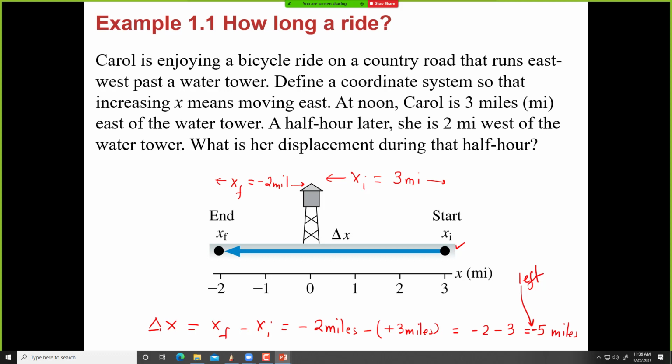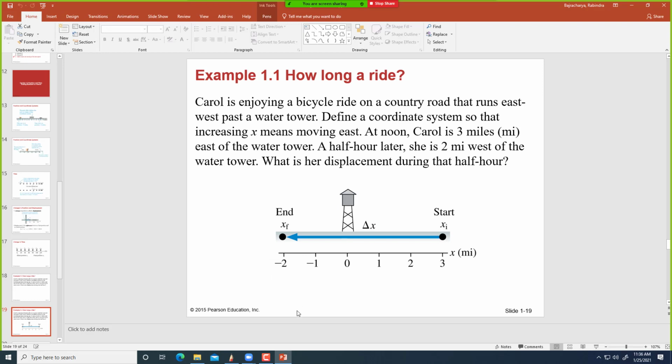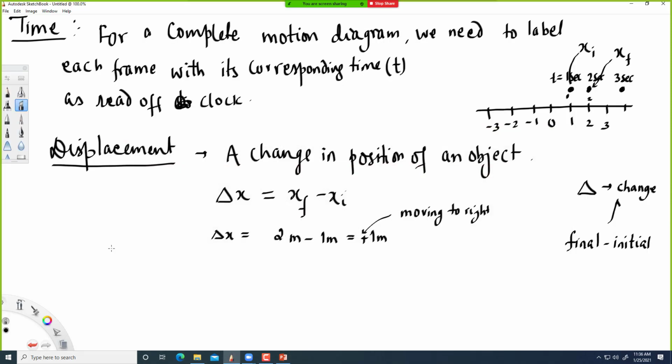So that's the displacement. Now, in physics, we often talk about how fast something is moving. When we quantify how fast something is moving, we also need to bring in the change in time.